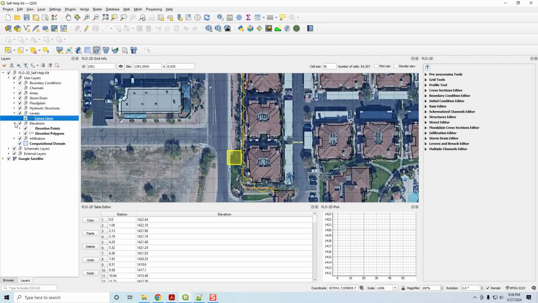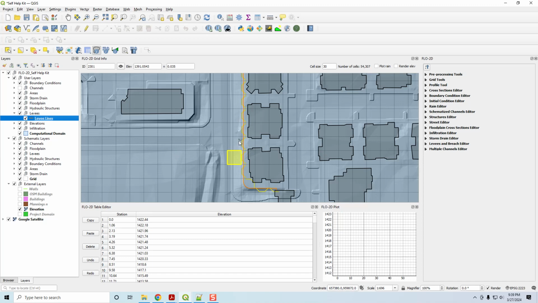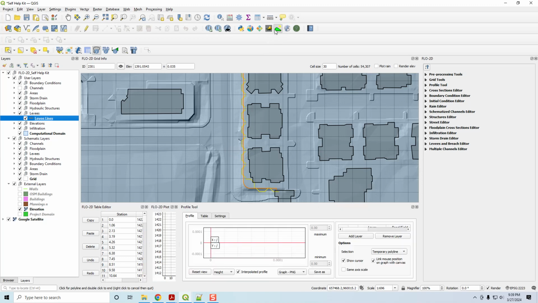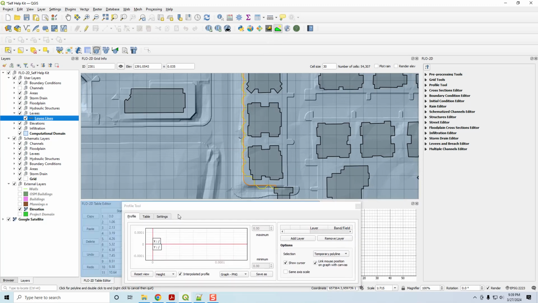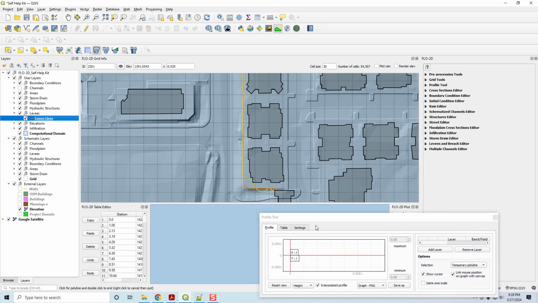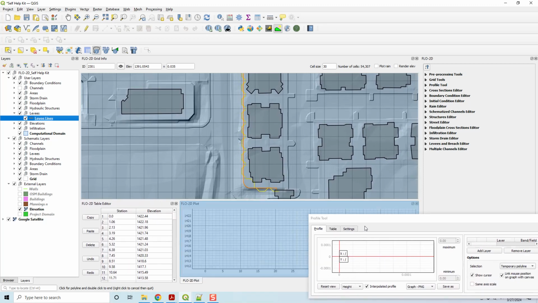We can just turn our elevation on. Let's see, where is our elevation data? Sorry about that. Yeah, you see that there's a bit of a jump up here. Let's take a quick look at our profile tool. That's this guy right here. And what I can do is just mix this with our Flow2D plot.